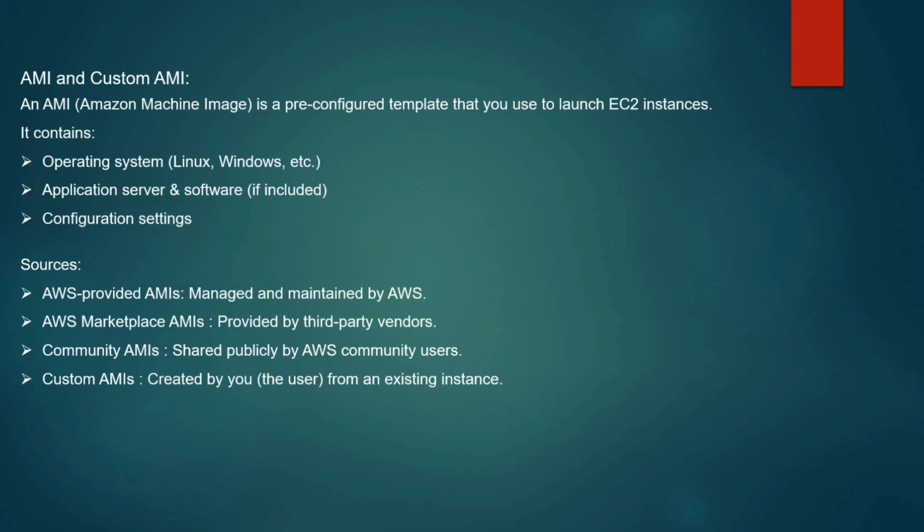It captures the state of your EC2 instance, and it will be stored in your AWS account for future launches. So you can use your custom AMI for your future launches also. So this is all about custom AMIs and AMI.